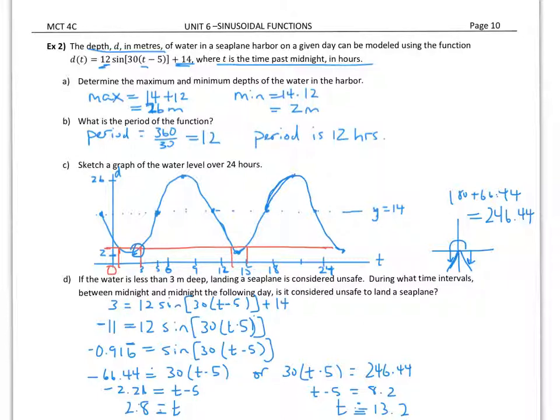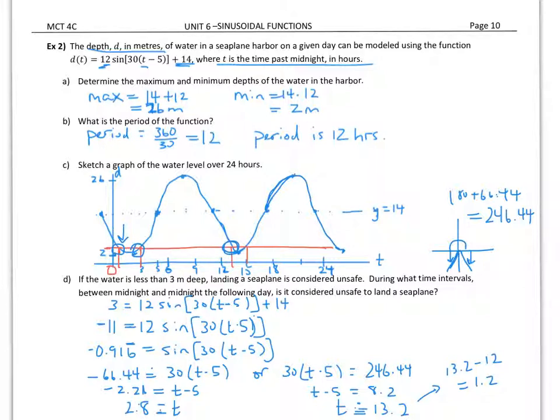I do have this other answer, but notice the 13.2. 13.2 is probably this one right here. If I subtract the period from the 13.2, so 13.2 subtract the period of 12, that gives me 1.2. So that is probably my first answer right here, 1.2 hours, or 0.2 of an hour would be about 12 minutes.